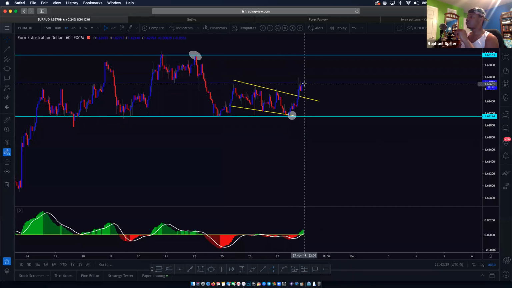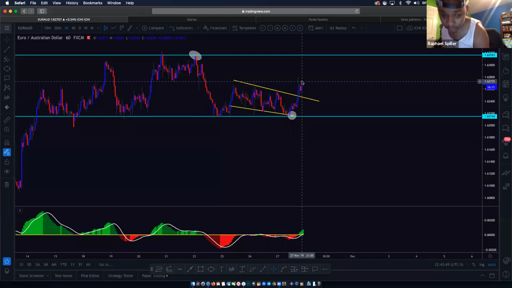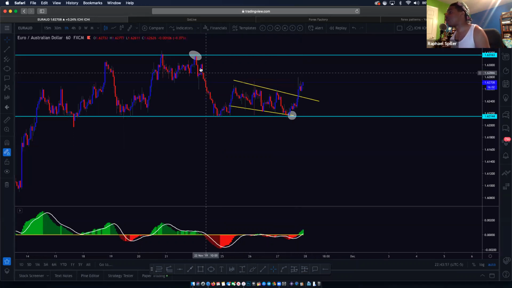Not in the middle. You don't trade in the middle. That's what retail traders do. Your goal is to become a professional trader, to become the best trader you can be. So what I want you guys to do is to buy low and sell high.